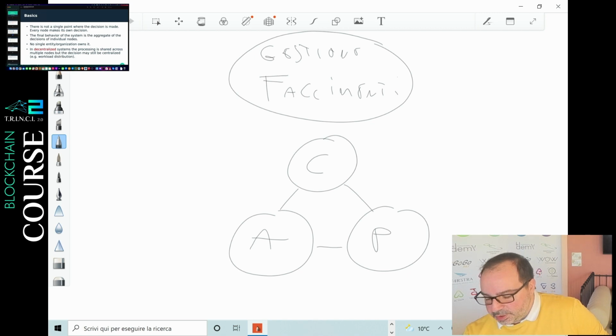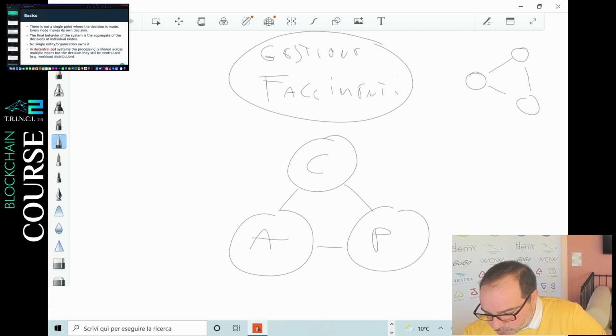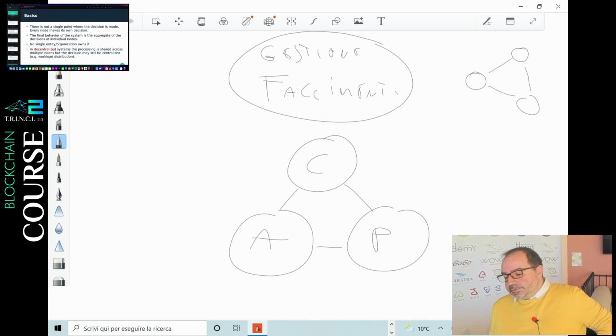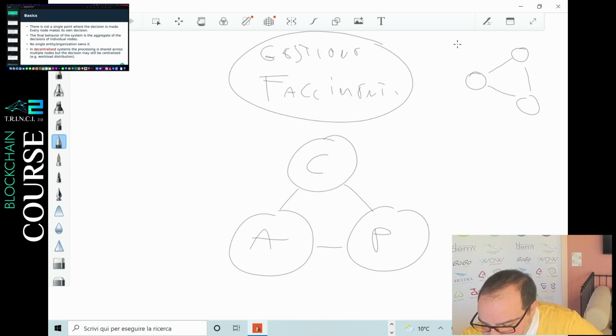So, a distributed system we can see equally as a database or a series of databases that are synchronized, and these databases probably must be consistent. What does consistent mean? It means that if I make a request at any moment at node 1, node 2 or node 3, I must get the same reply.